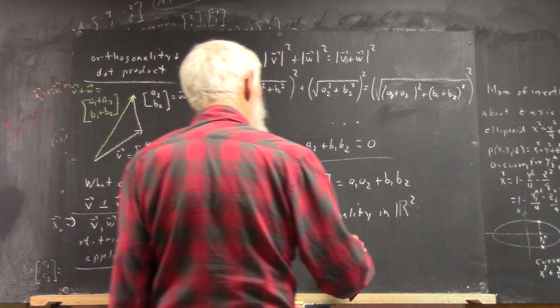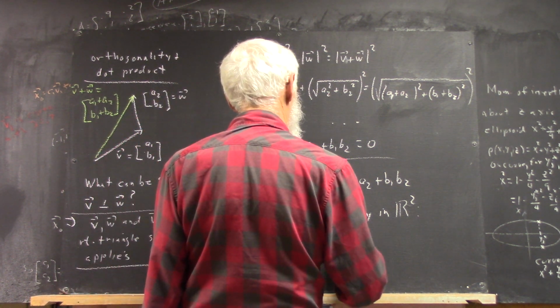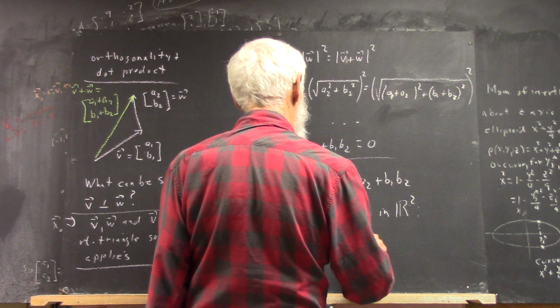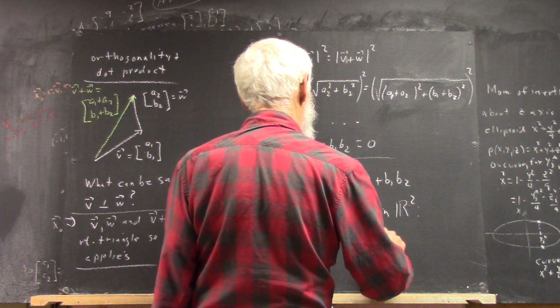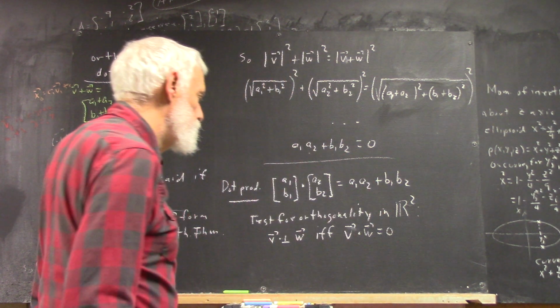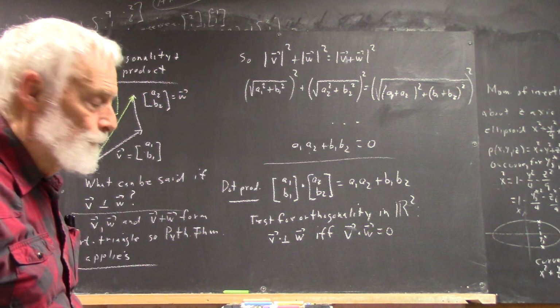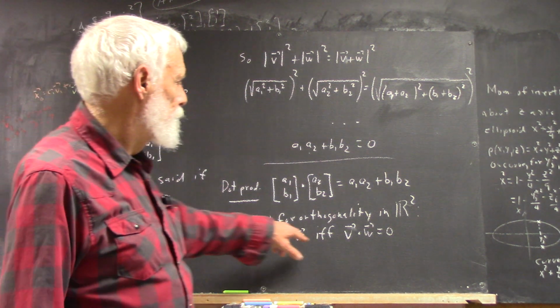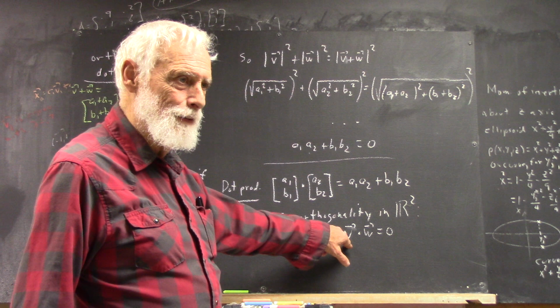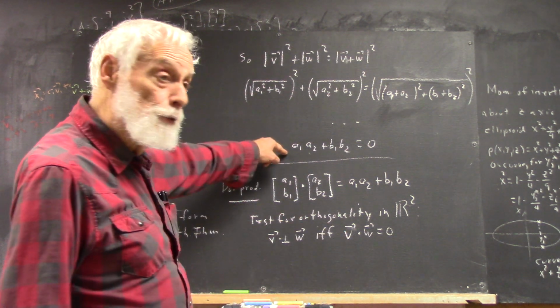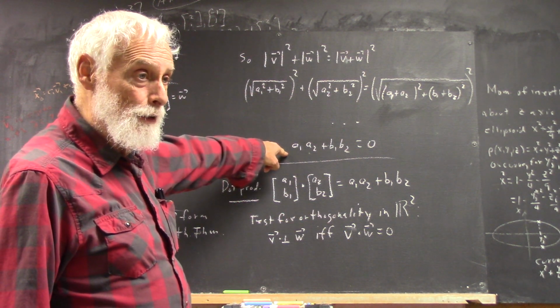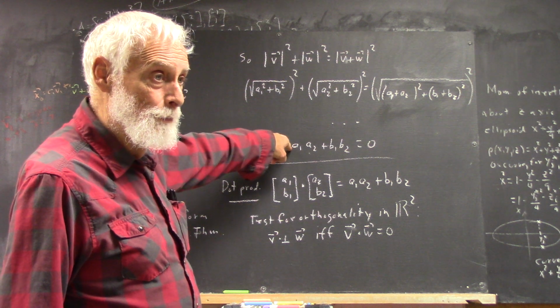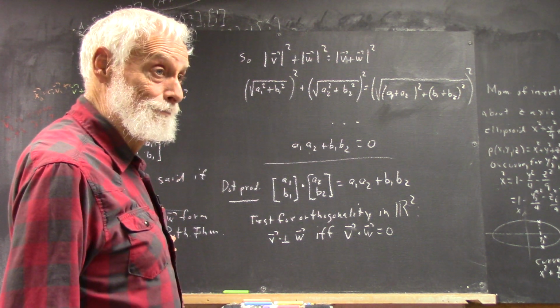Actually, we haven't totally proven it. Okay? I'm stating this as an if and only if. What was shown is that if they're orthogonal, this is true. But you can do the reverse. If this is so, then they have to be orthogonal.